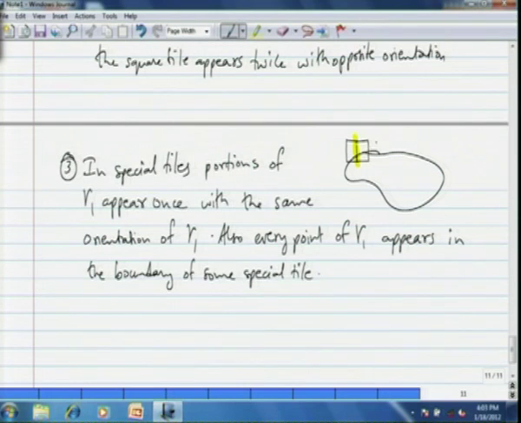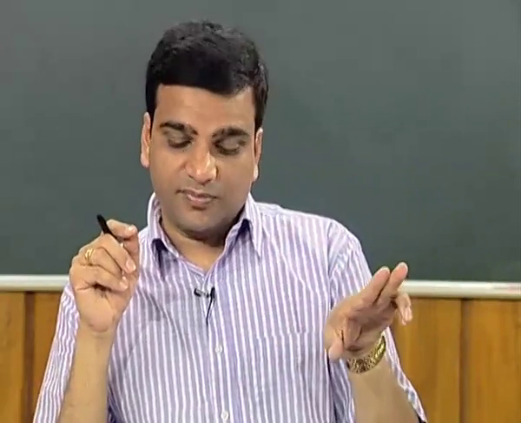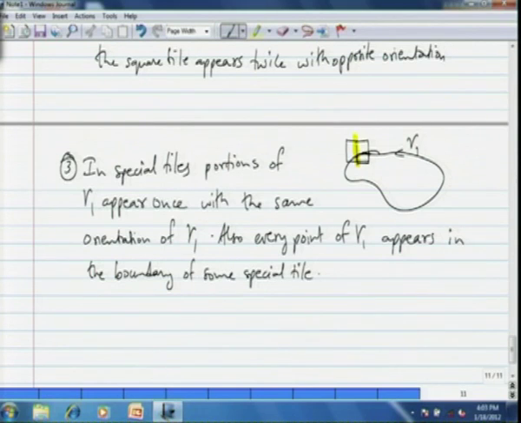So, in the picture I drew here, you notice that here is gamma 1 oriented in the positive sense. That appears only once in a special tile, because there is no adjoining square tile containing the boundary as gamma 1. So, here is the special tile. In this example picture, gamma 1 only appears for this one, and there is no other square tile sharing that portion of gamma 1.